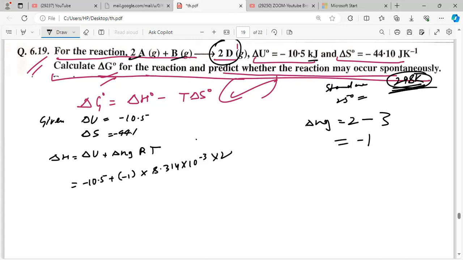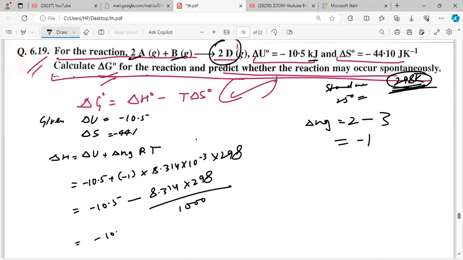Temperature you can write 298 Kelvin. Now you solve this one. Minus 10.5, and this whole term will be minus 8.314 times 298 divided by 1000, minus 10.5. This will give some value.